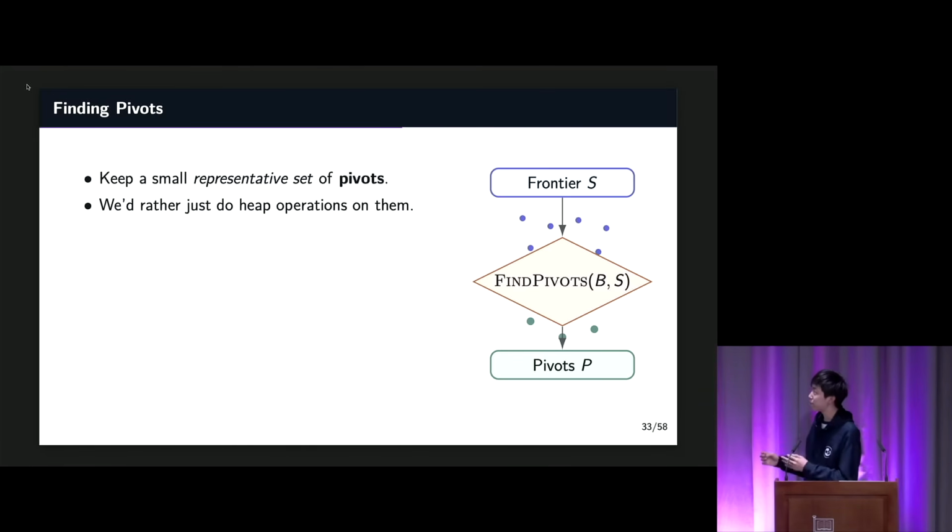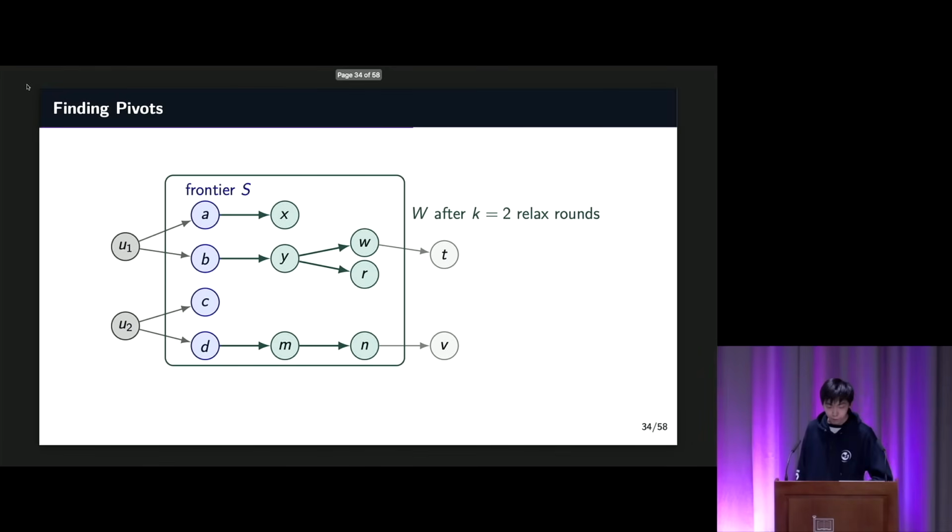How does finding pivots work exactly, though? We will again illustrate the main idea using an example. Let's say we're working on the frontier, which consists of 4 vertices, A, B, C, and D, and we want to find a subset of it as pivots. Now, imagine we fix a new parameter k, say here k equals 2, and then we run k rounds of relaxations, starting from the frontier S. Let's call the set of vertices discovered by this process W. So W is just whatever is enclosed in this bounded region.